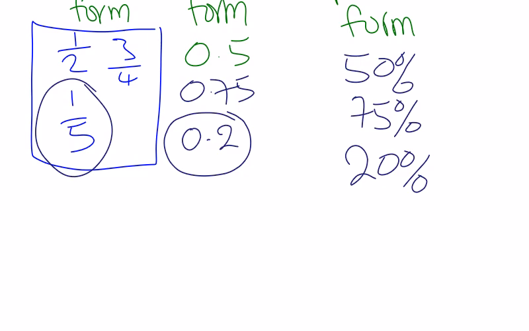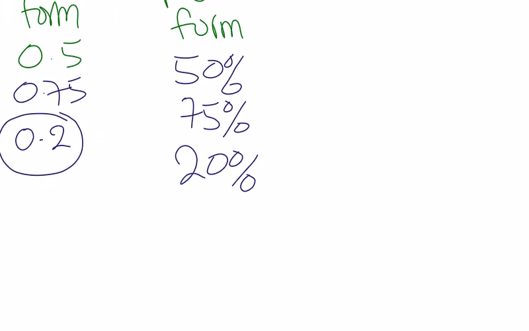Think about it: 1 over 5 is just how many 1s are there in 5. We'll get 5 ones. Then come here and say how many 20s are there in 100. We have 5 20s. So this is the way you get percentage.